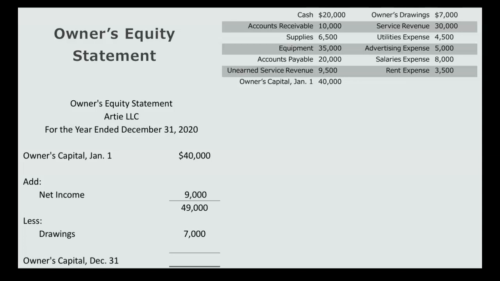So when we subtract out that 7,000 from the 49,000, we can see that our owner's capital on December 31st is going to be $42,000. So we found our ending owner's capital balance. And that 42,000 is going to be something that we need when we prepare our balance sheet next.